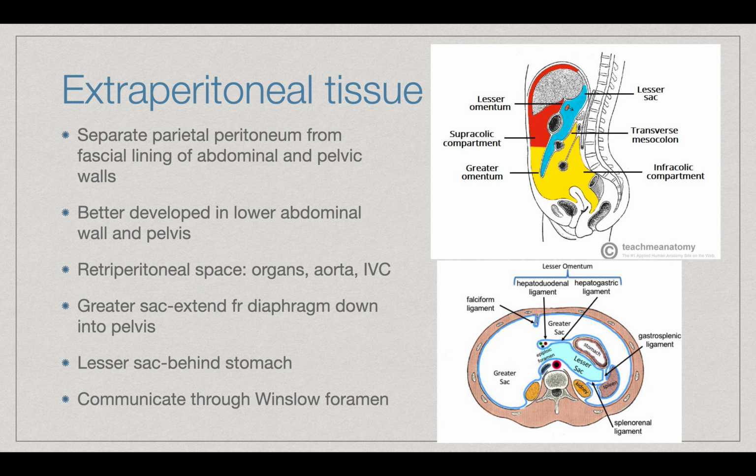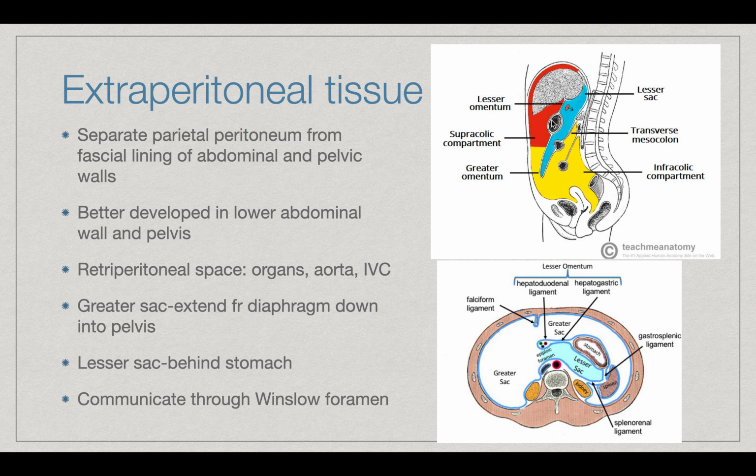The extraperitoneal tissue will separate the parietal peritoneum from the fascial walls of both the abdominal and the pelvic walls. It's better developed in the lower abdominal wall and the pelvis. And in the retroperitoneal space, so behind the peritoneal space, are going to be the organs along with the aorta and the inferior vena cava.